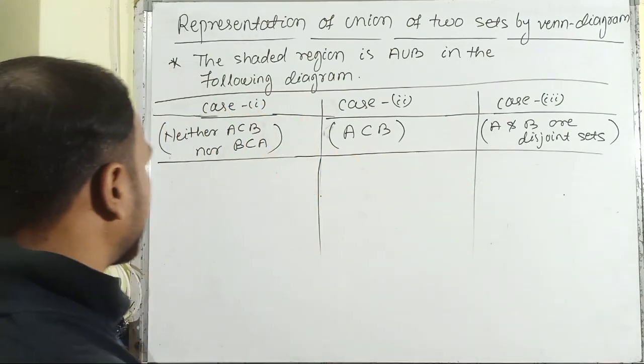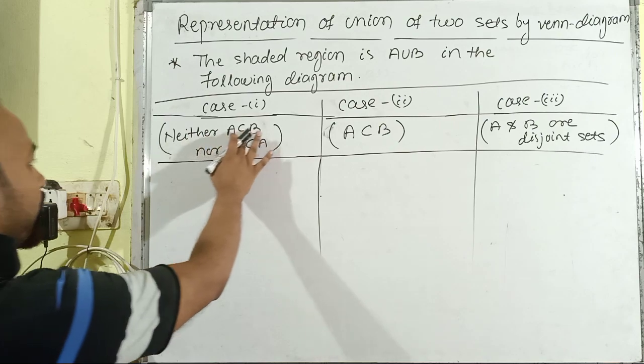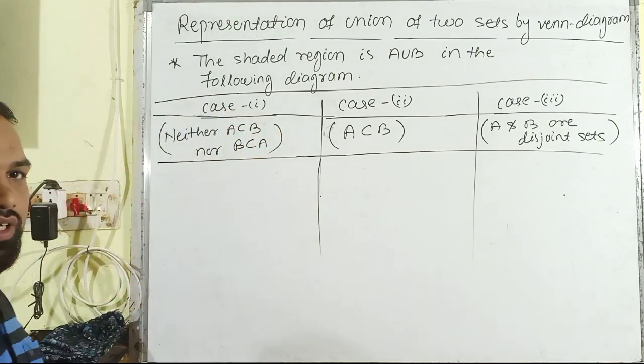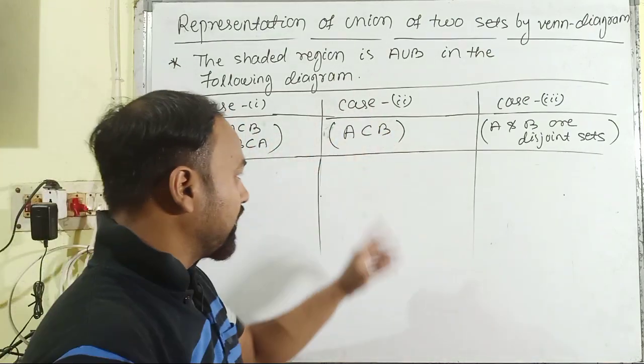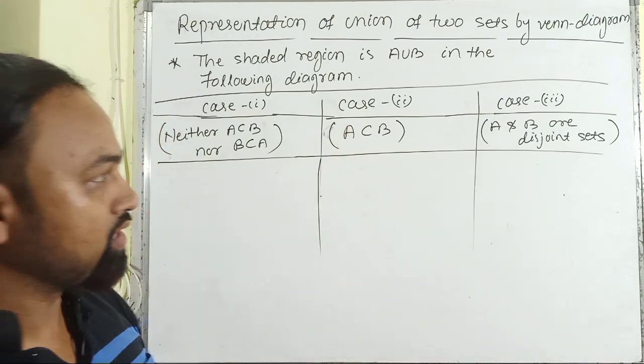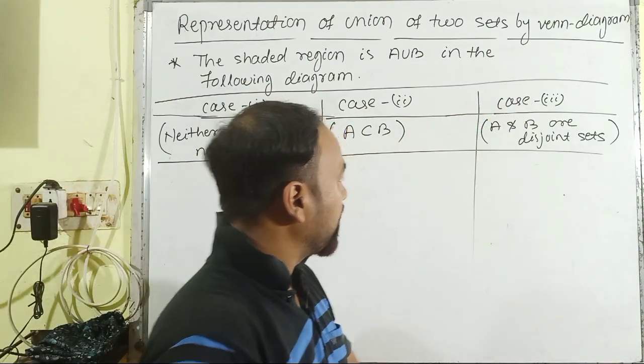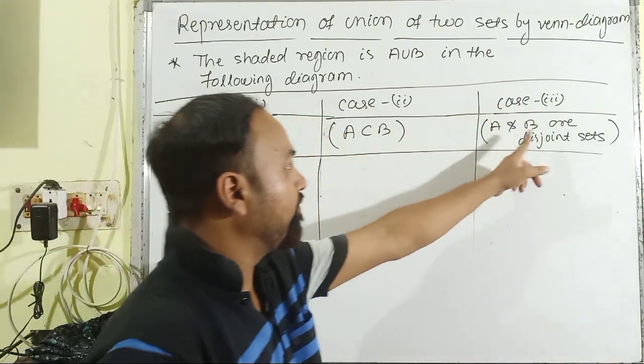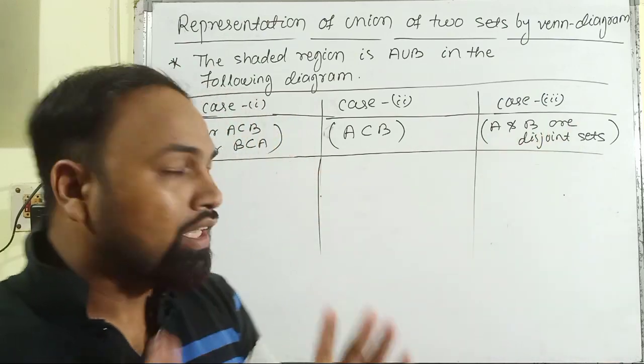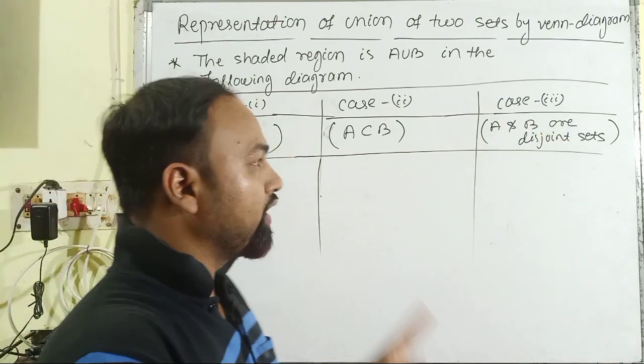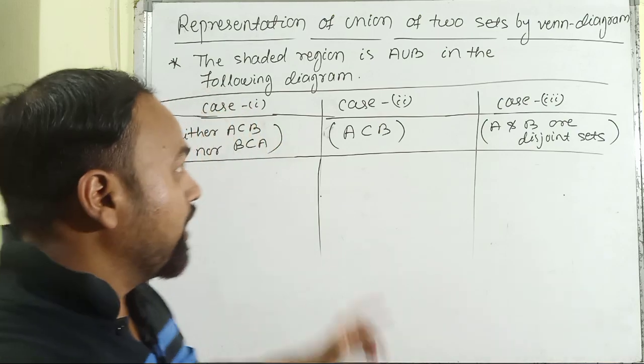The first category is neither A subset of B nor B subset of A. In the second case, one set is a subset of the other set. And in the third category, A and B are disjoint sets. So there can be three possibilities in the categorization of A ∪ B.